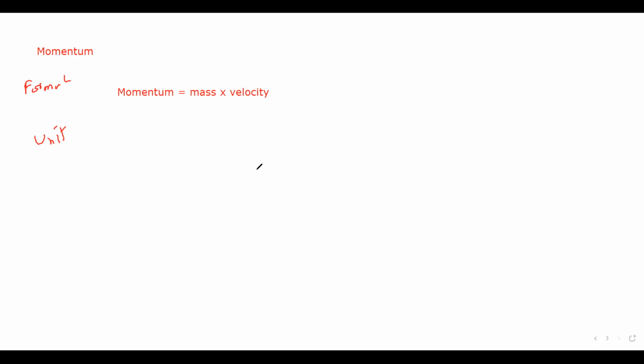Unit of mass is kilogram, and unit of velocity or speed is meter per second. So this will turn out to be kilogram multiplied by meter per second. So when we simplify, kilogram meter divided by second, this will move up. So it will be kilogram meter second minus 1. Is it clear, this example?